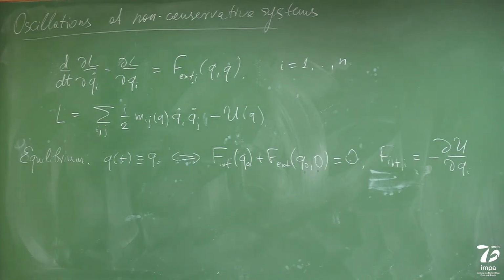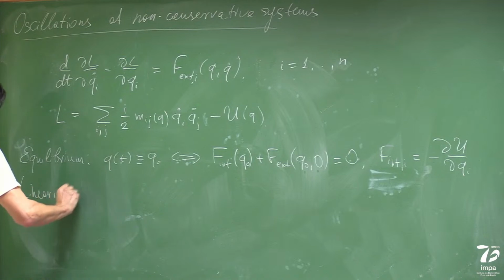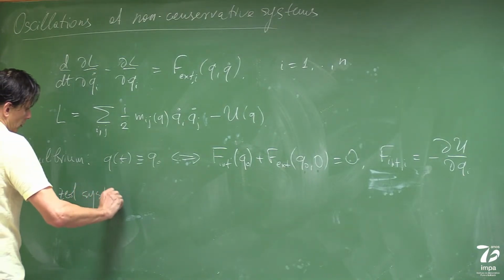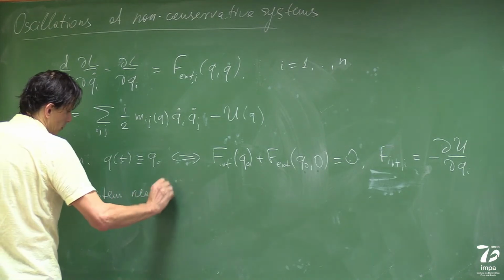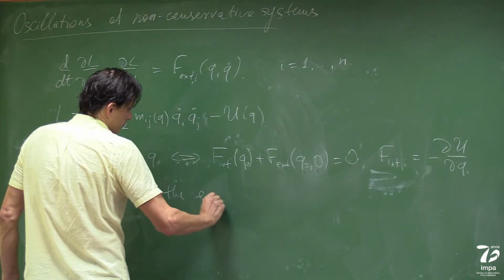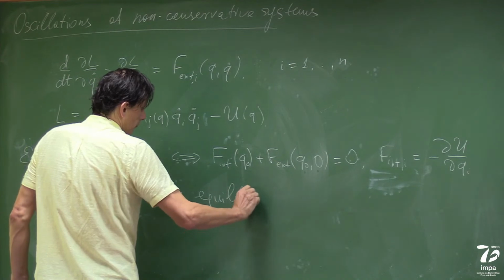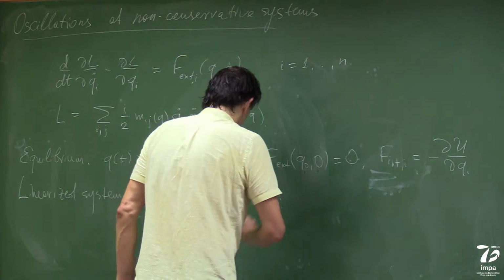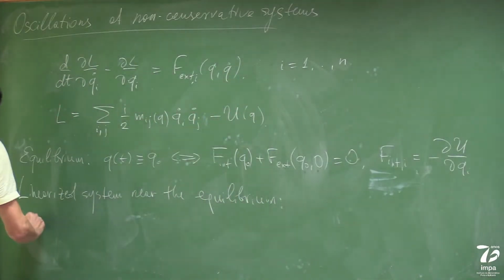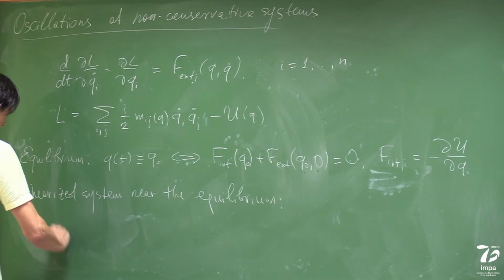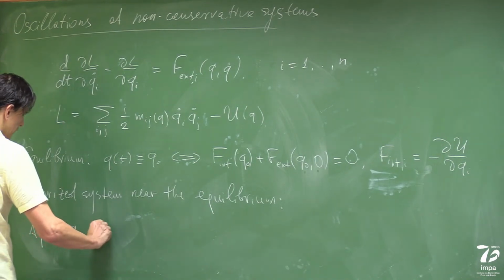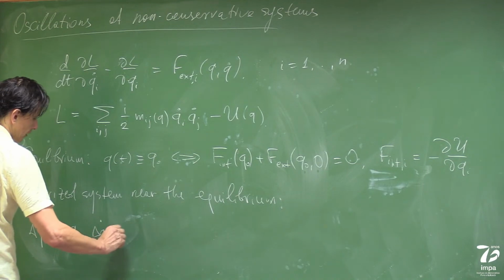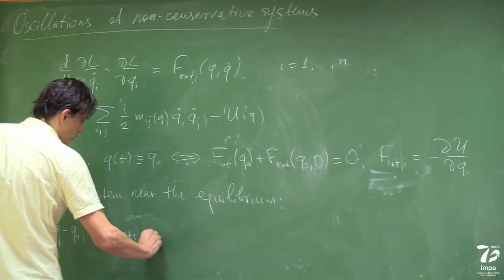And then we found the linearized system, the system near the equilibrium. So we consider that all the deviations from the equilibrium, q minus q0, its derivative, second derivative, etc., are small.